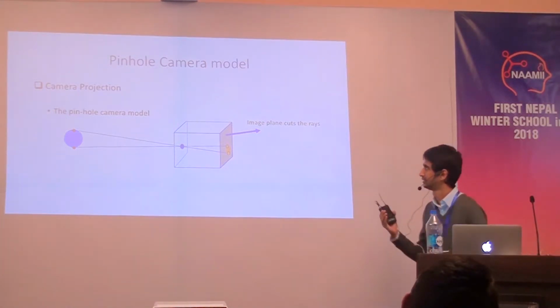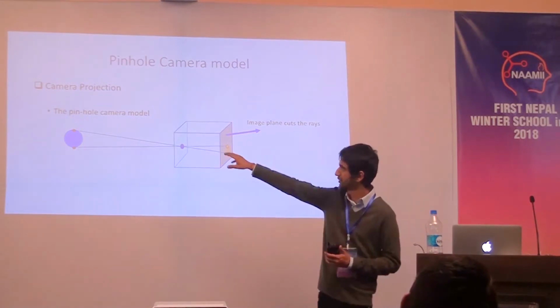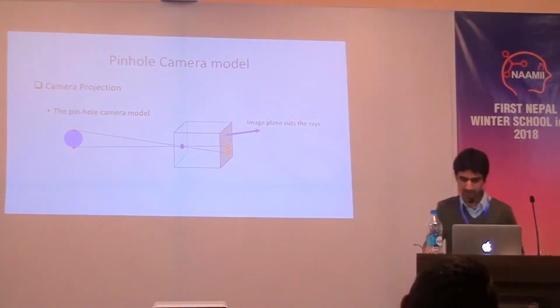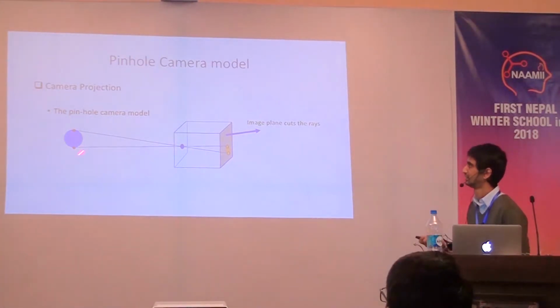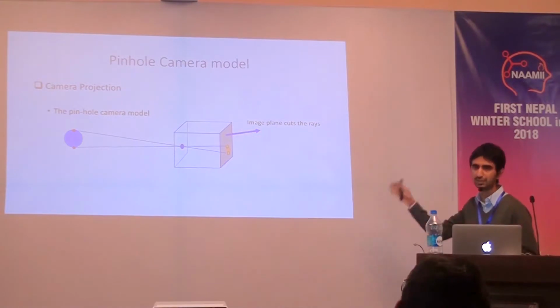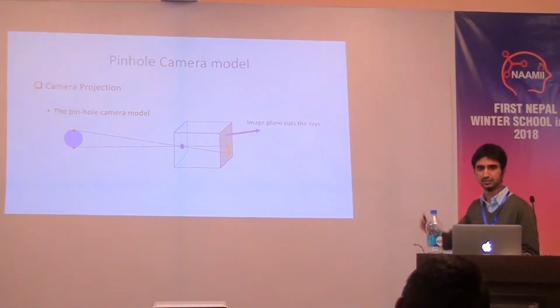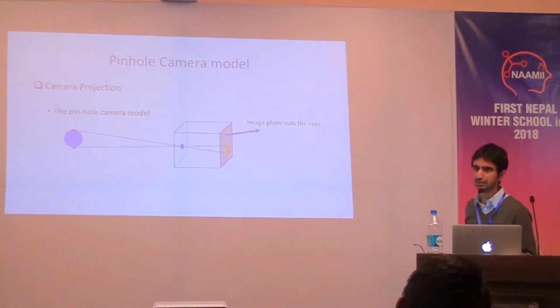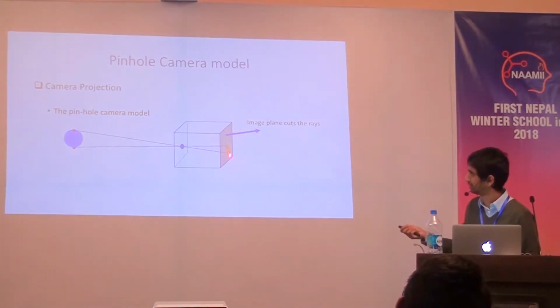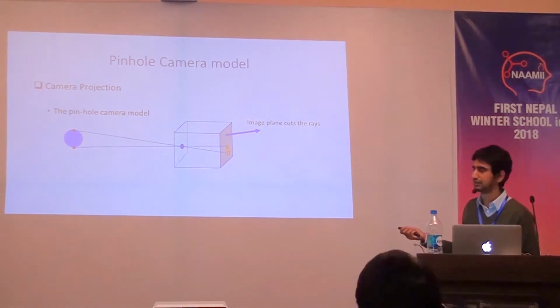So what happens is you have a 3D object, and the rays from this 3D object are projected onto a plane, not a sphere or whole surface, but on a plane, and then you get the 2D image of this object.